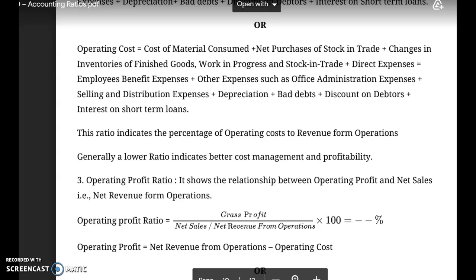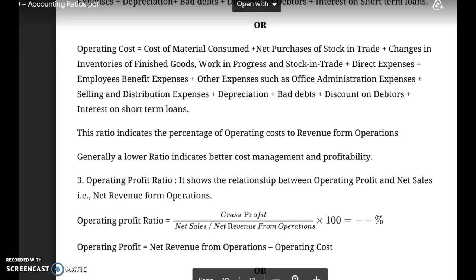Operating profit is generally more than or less than the gross profit, but sometimes other calculations are also done. Here again the formula given is wrong. It is mentioned here gross profit divided by net sales or net revenue from operations, but actually it is the operating profit divided by net sales or net revenue from operations.